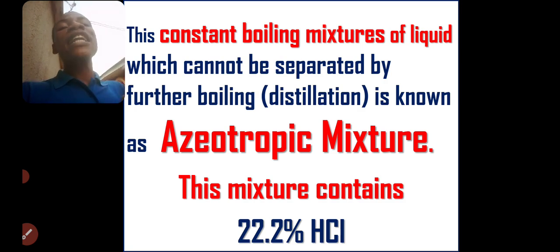So if you have to define azeotropic mixture, it is a constant boiling mixture of liquids which cannot be separated by further boiling or by distillation. You call that azeotropic mixture, and you call the mixtures azeotropes. So azeotropes are constant boiling mixtures that cannot be separated by further boiling or by distillation method.